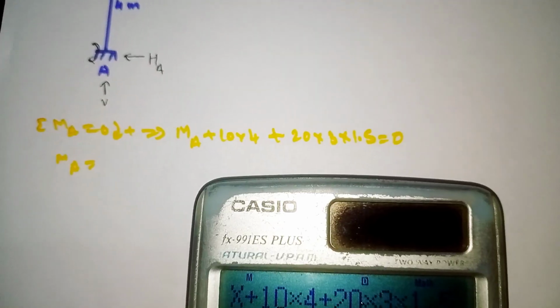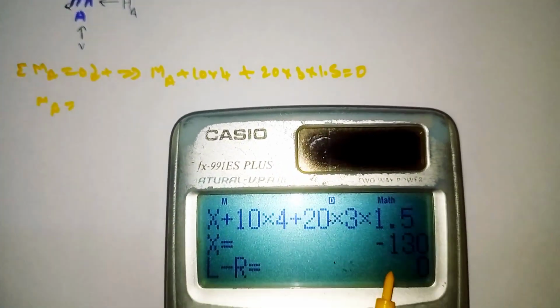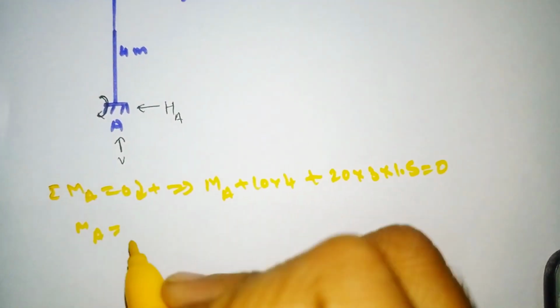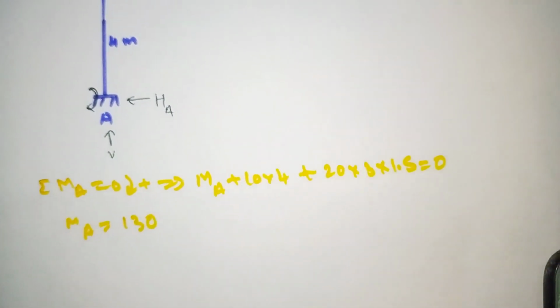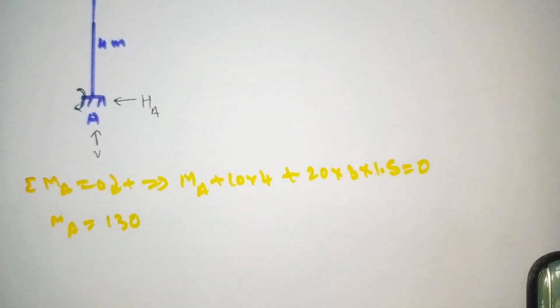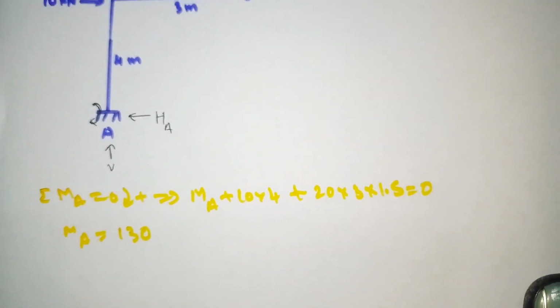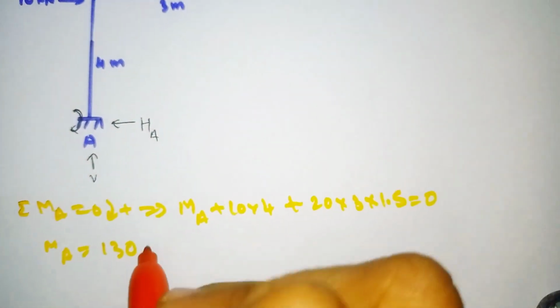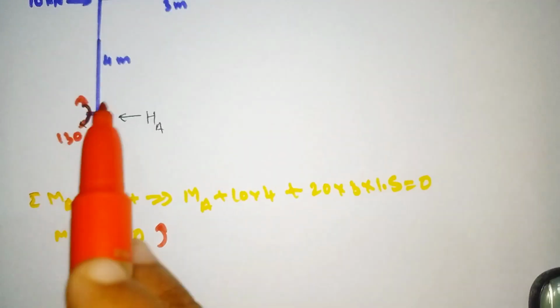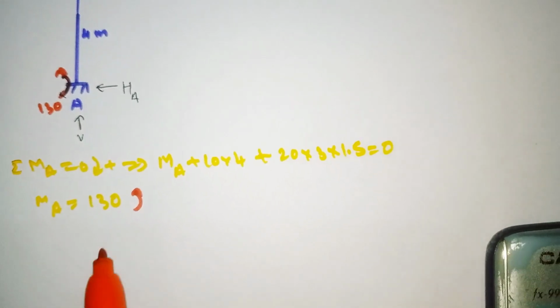We have considered initially it was moving clockwise, but the MA rotates anti-clockwise. Minus sign indicates here it is moving anti-clockwise. So MA value is 130. So make it as anti-clockwise. Here the negative sign indicates it is moving anti-clockwise. So make it like this. MA value is 130. It is anti-clockwise.